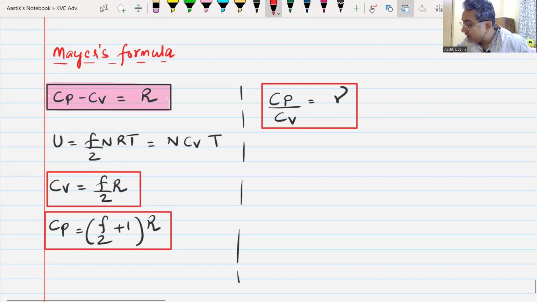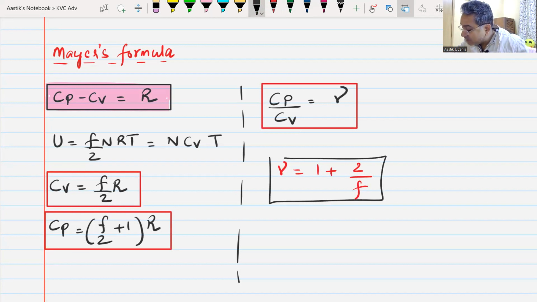If you put the values, you will get the value of gamma as 1 plus 2 by f.